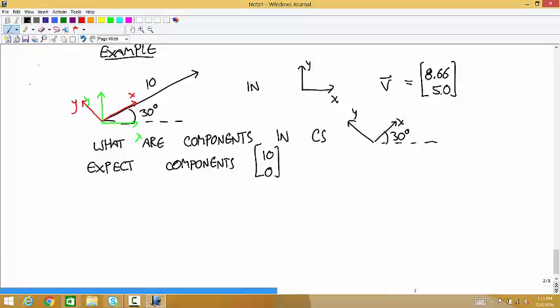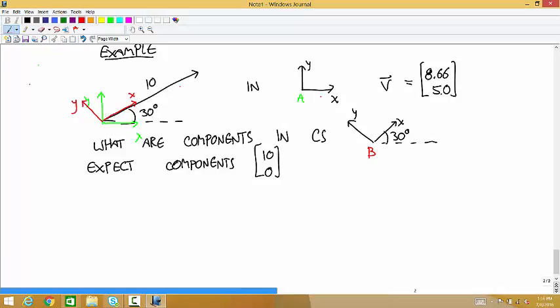If we call this coordinate system A, and I'll do that in green, call this one A and this one B. The rules for that rotation matrix say the columns of this rotation matrix have to be the axes of this coordinate system as expressed in this coordinate system.